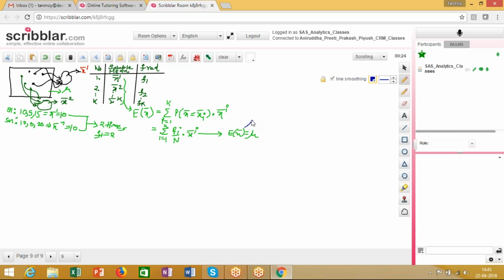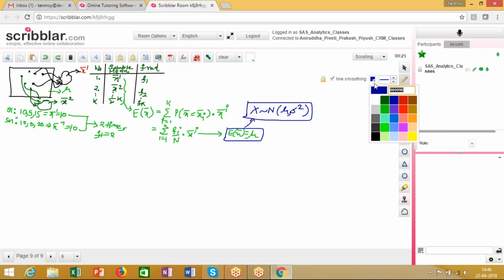This would hold if and only if the population from where the sample has been drawn, and the sample itself, is normally distributed with mean mu and variance sigma square. So this is precisely the assumption behind which the entire statistical inference theory stands.